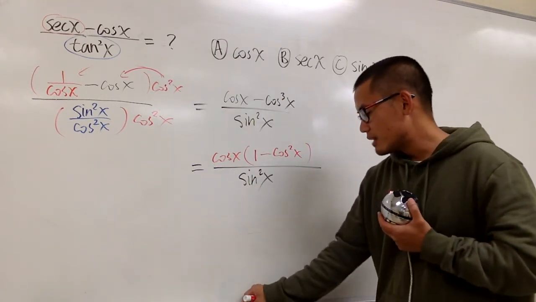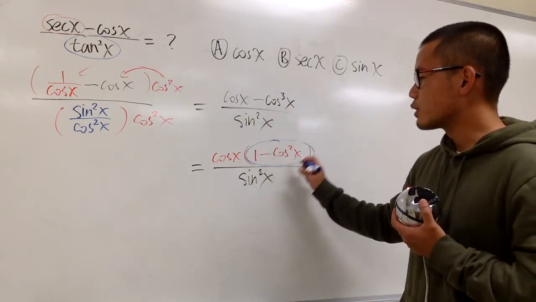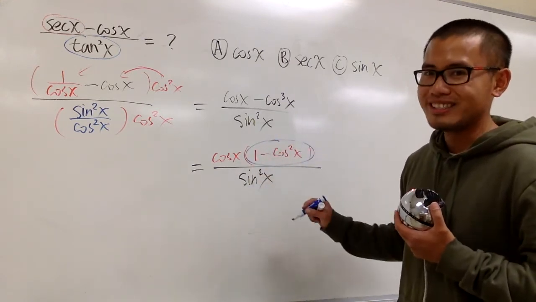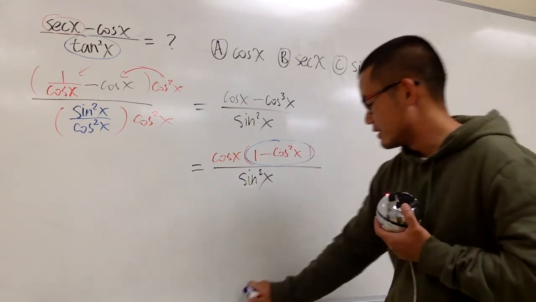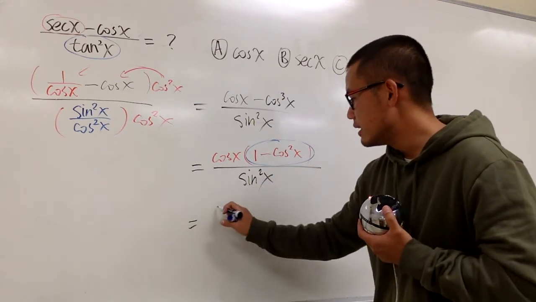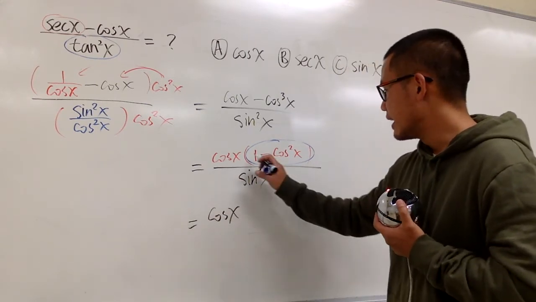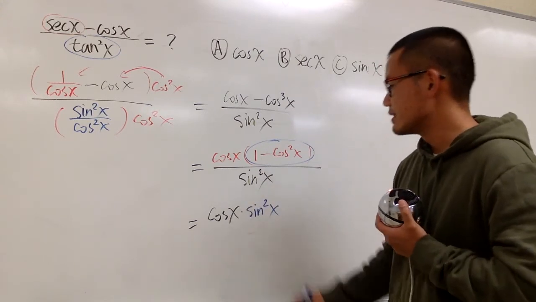And the reason I want to factor this out is because this part, 1 minus cosine square x, we know what this is, right? This is the same as sine square x. So let me write this down for you guys nicely. This is cosine x, and this right here is sine square x.